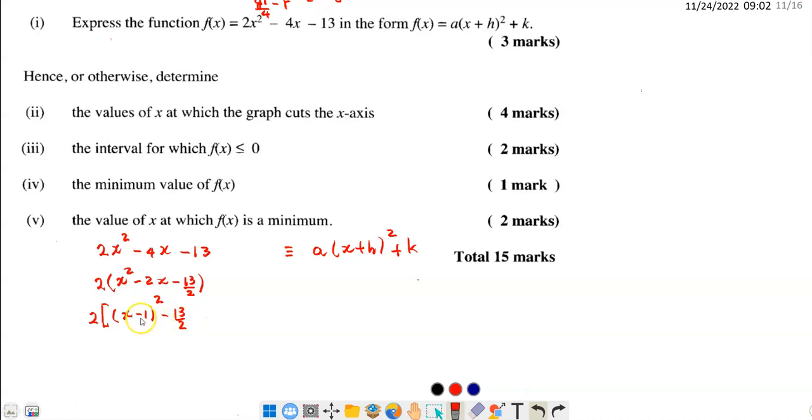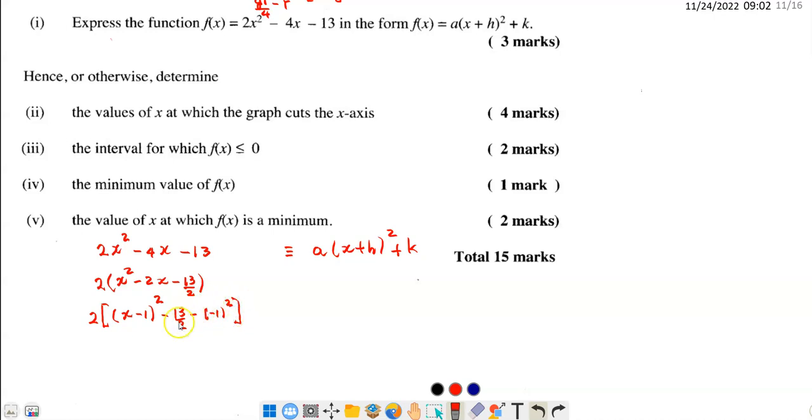Since we add half the coefficient of x all squared, we need to subtract it to keep the expression on this side balanced. So we need to subtract minus 1 all squared as well, because that's the only thing we add in the equation. So we subtract it to keep everything the same.